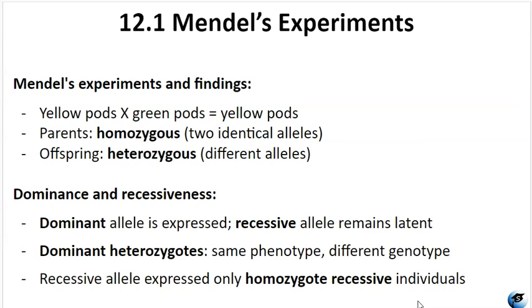However, when the green pod allele reappeared, it was in later generations, indicating that there was a difference in the genotypes. The parent plants were homozygous for the traits that he studied, meaning that they had 2 identical alleles for the gene. When contrasting traits were cross-fertilized, the offspring were heterozygous, having different alleles for the genes.